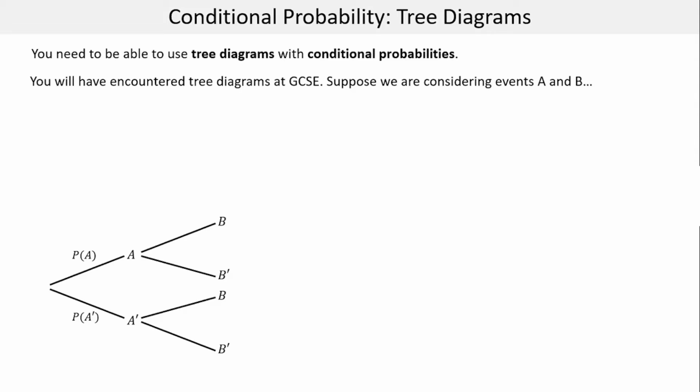We're looking at situations where the probability of B is dependent on A. So here on this branch, we have the probability of B given A has occurred, the probability of not B given A, the probability of B given not A, and finally the probability of not B given not A.